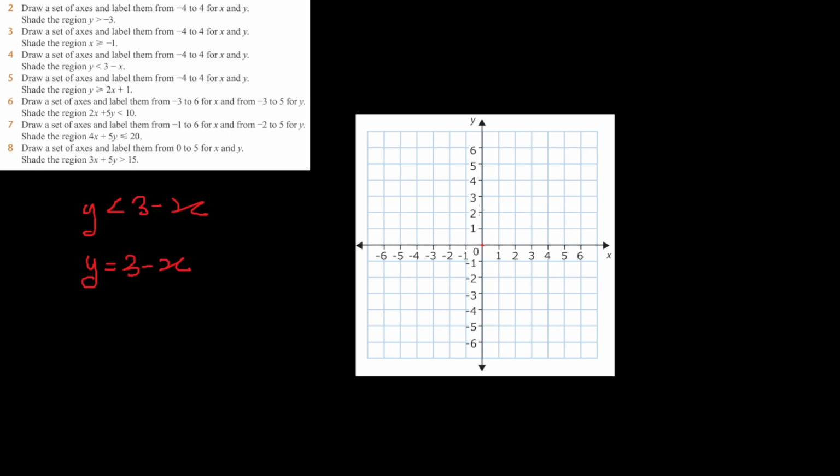So we have to just substitute 0 for x. So we get y equal to 3 minus 0, which is 3. So let's put that 3 here, and then we draw a dotted line.